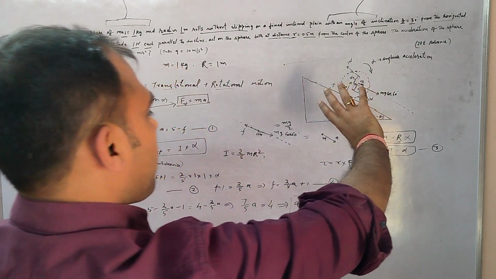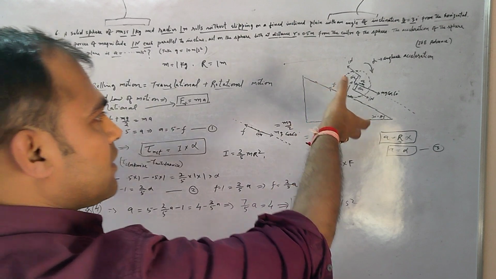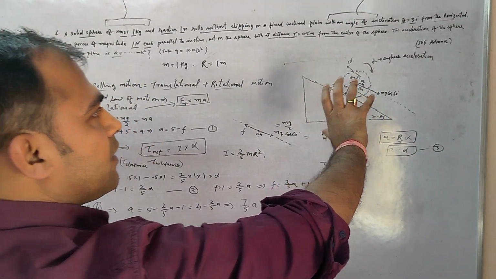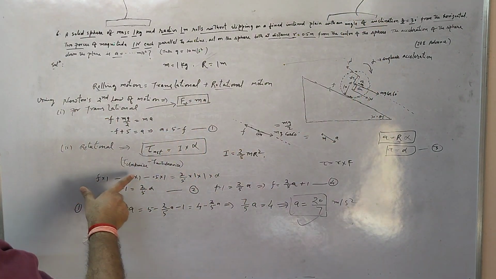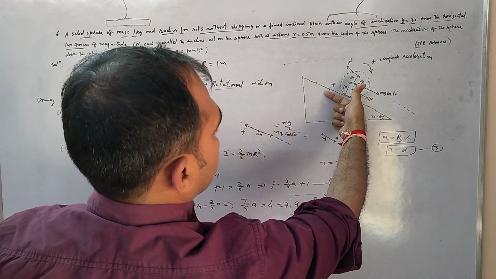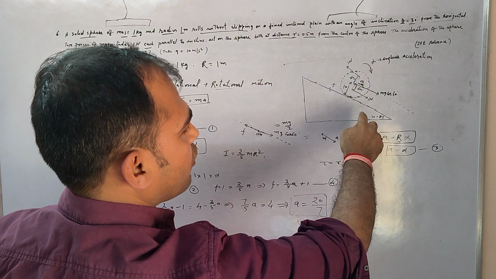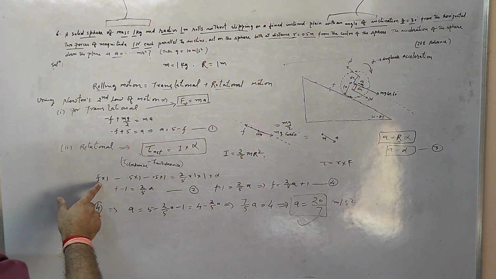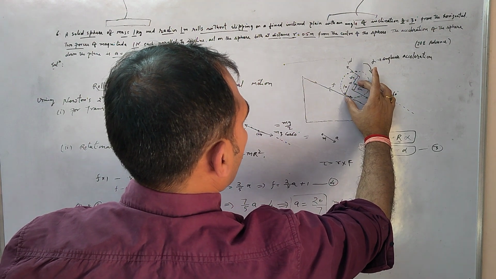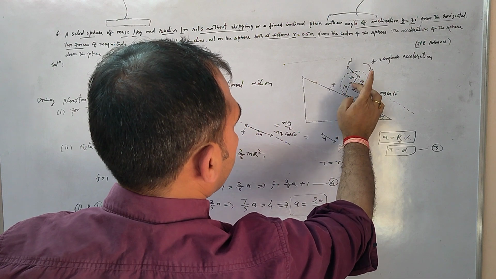So tau clockwise minus tau anti-clockwise will be I alpha. So tau clockwise, this frictional force is giving this clockwise torque and acting at a distance 1 meter perpendicular to this axis.